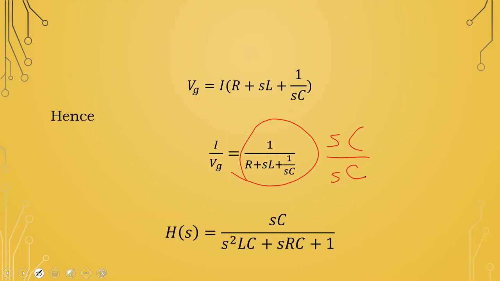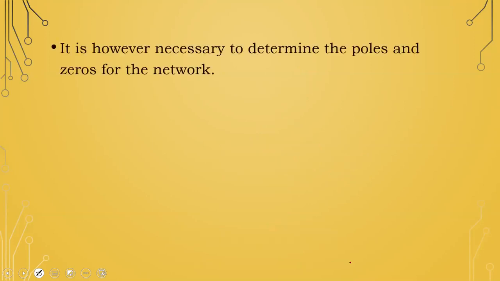Once I have the transfer function, yes, I want to determine what we call poles. Everybody have the expression? All right? We want to determine poles and zeros for the network.